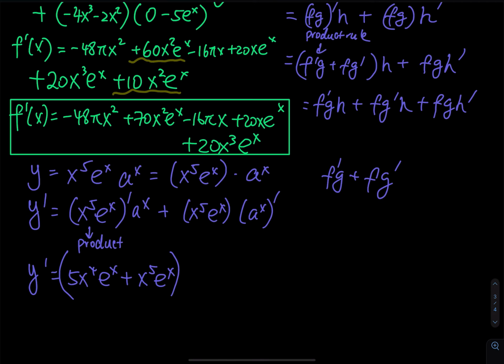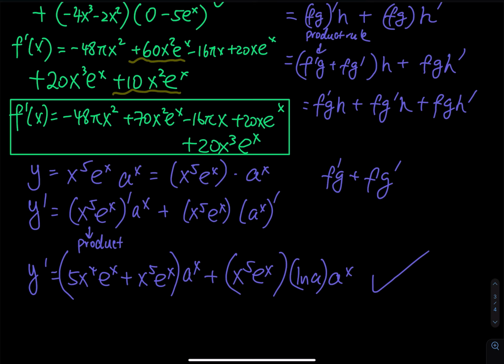Don't forget that we have to distribute a^x to the whole term, and then plus x to the fifth e to the x, and then you multiply the derivative of this exponential function, which is a to the x times ln of the base. This one, do we have to simplify? I don't think there is any value that will bring you to another world if you just simplify, so I will just leave it as it is.